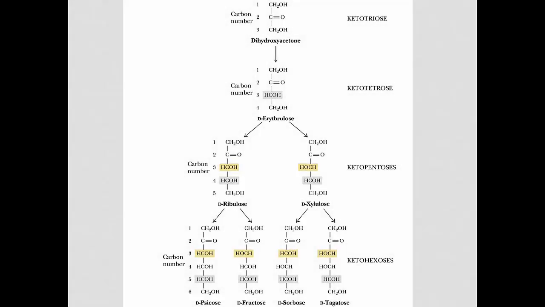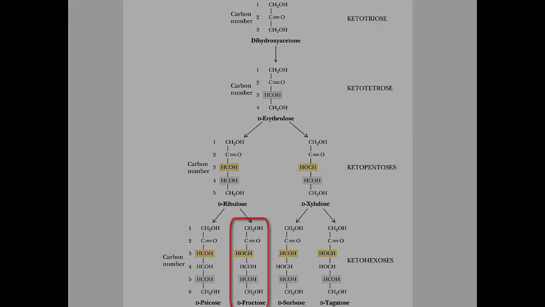Ketoses, like aldoses, are derived from a common starter. In terms of ketoses, they are derived from dihydroxyacetone, and the D naming is derived from carbon 3 of D-erythrulose. The important ketose to recognize here is D-fructose.